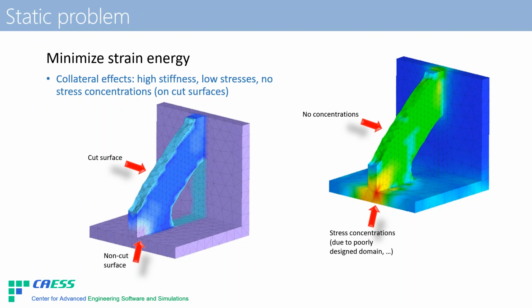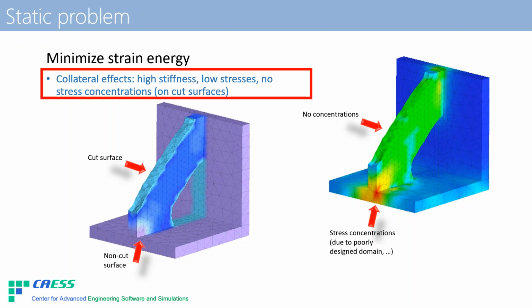Now, minimizing strain energy might sound a little bit weird, but at this point, it is really important to note that strain energy minimization comes automatically with some very attractive collateral effects. Namely, we get automatically high stiffness of the part.